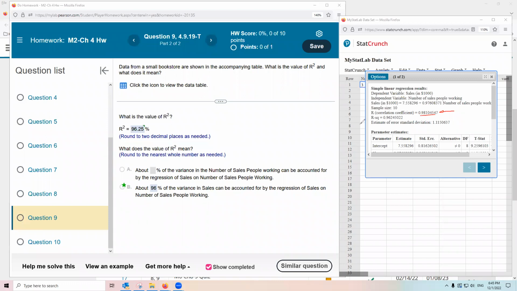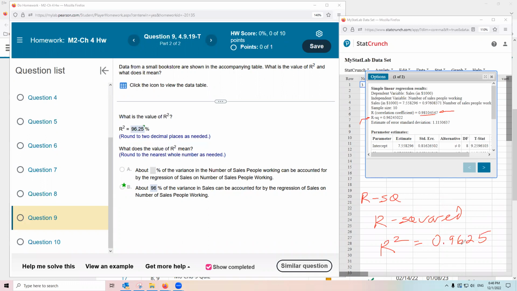But right below it, there's another value called RSQ. That stands for R squared. Sometimes we write it as just an exponent 2 like this. In our case, the R squared number is 0.9625.